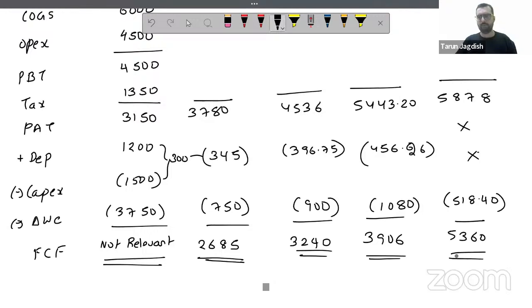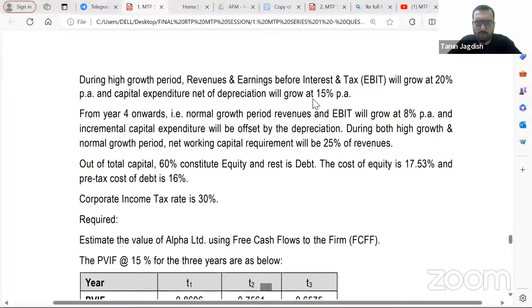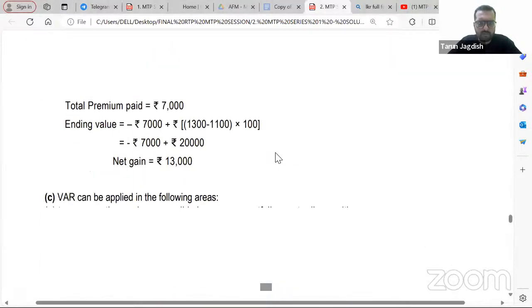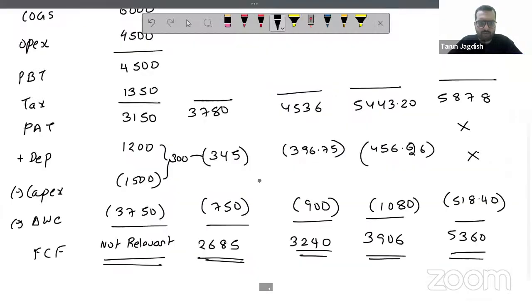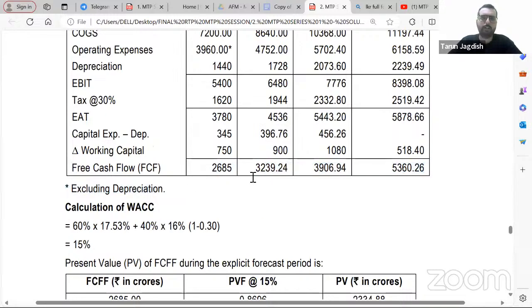These are supposed to be your free cash flows. Shall we cross check whether I have done some mistake over here? Just check. 2685, that's correct. 3240 is correct. 3906, perfect. We have got the free cash flows, friends.